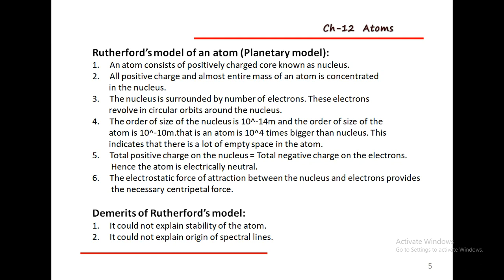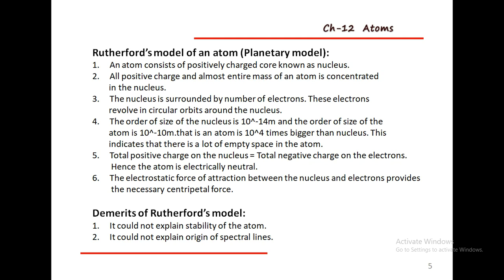Totally, the positive charge on the nucleus is equal to the total negative charge on the electrons, hence the atom is electrically neutral, and the force of attraction between the nucleus and electrons provides the necessary centripetal force. Like this, they gave the model of an atom.